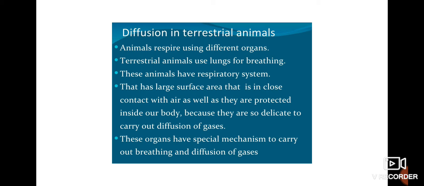Since the amount of oxygen is quite high in atmospheric air, terrestrial animals are not going to breathe faster. They will breathe very slowly, and they will carry out the process with the help of a proper respiratory system.